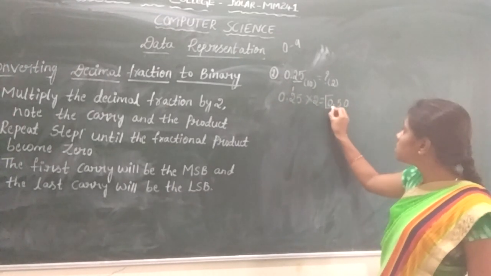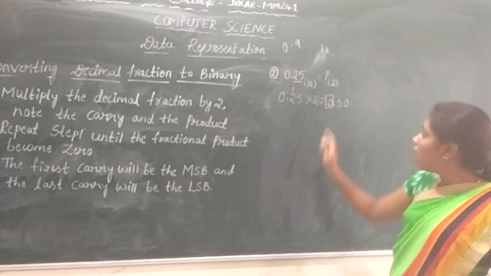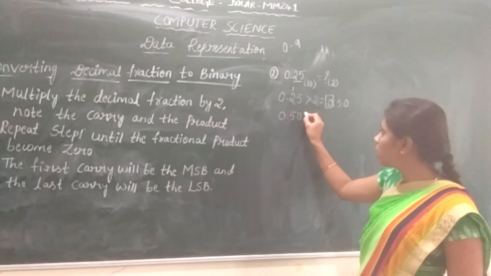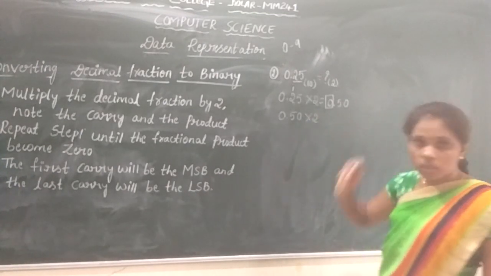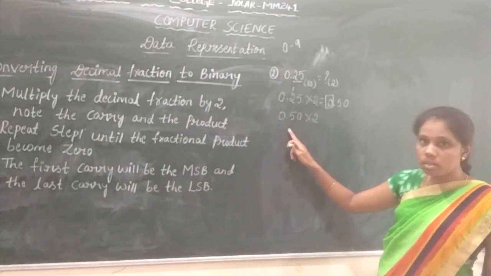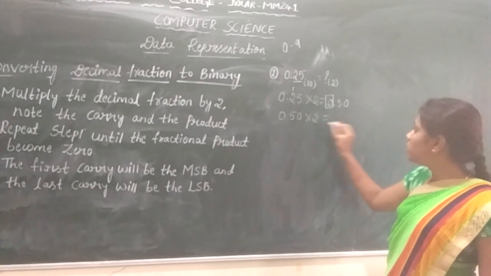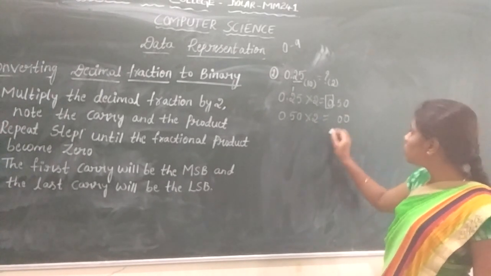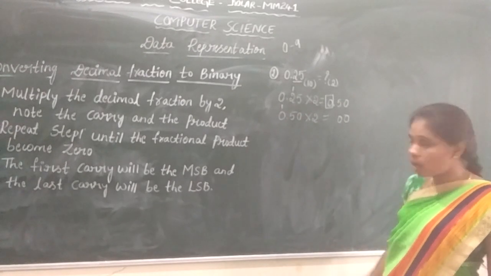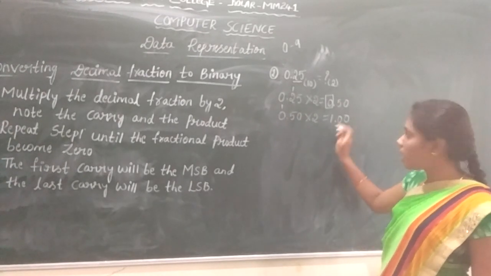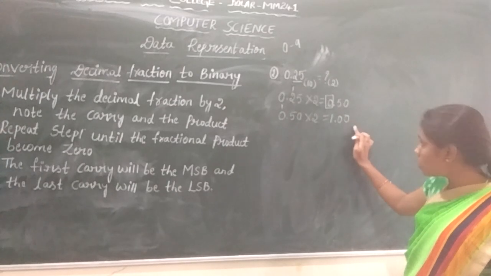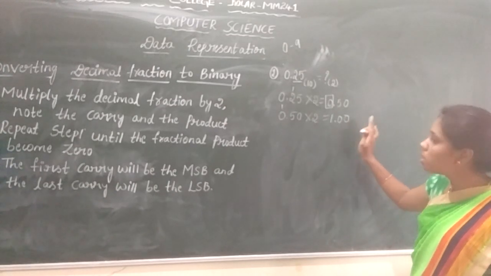Now note down this integer part. Again take this value and multiply it by 2. 2 into 0 is 0. 2 5s are 10, so now you got carry as 1. Now this becomes 1.00 and the fractional part has become 0.